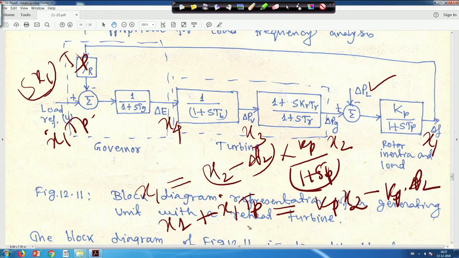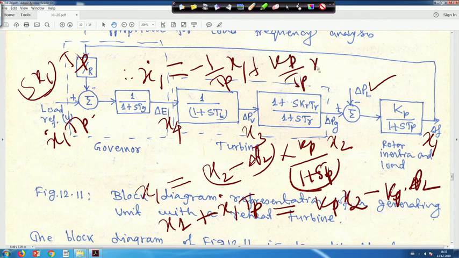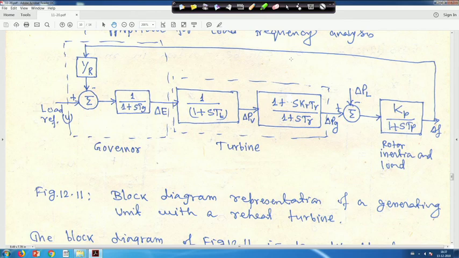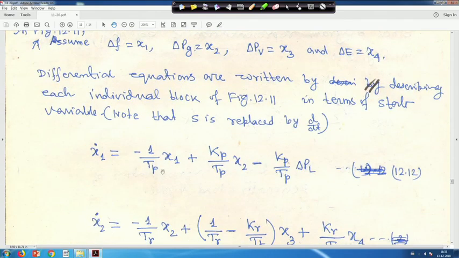Therefore, from here you can write your x1 dot. x1 dot is equal to, this x1 will go to the right hand side and divide by Tp, it will be minus 1 upon Tp x1, plus Kp upon Tp x2, minus Kp upon Tp delta PL. So, this way you can write. That is why we have written x1 dot is equal to minus 1 upon Tp x1 plus Kp upon Tp x2 minus Kp upon Tp delta PL, equation 12.